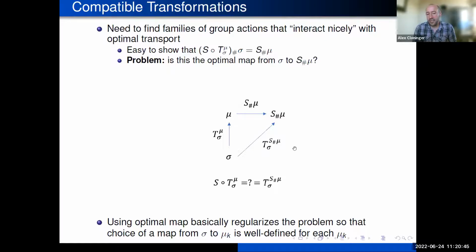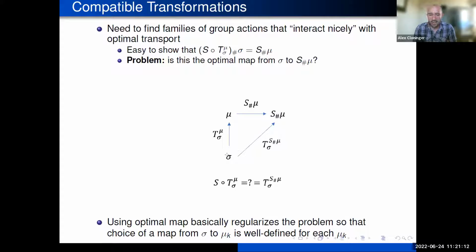So roughly the way to view it is this sort of commutativity type diagram I have here. I could map sigma to mu using optimal transport. That's the optimal transport map. And then I could push mu to S push mu. Think of S as being like a shift, right? So then I move mu over to the side. That's one way I could go from sigma to S push mu.